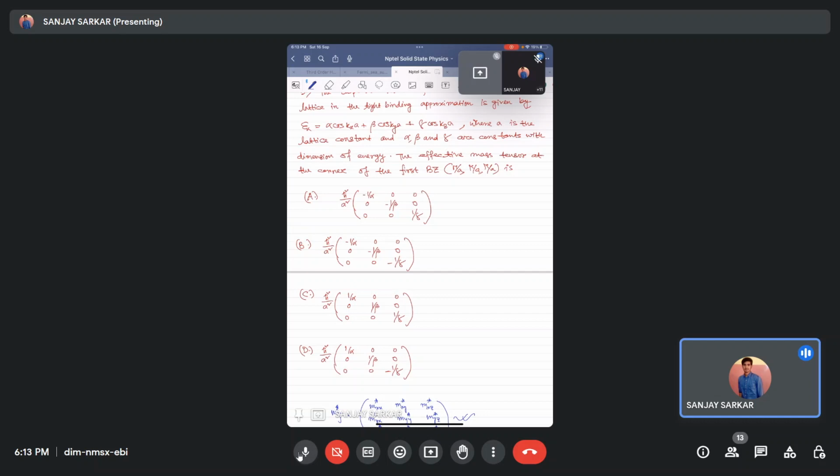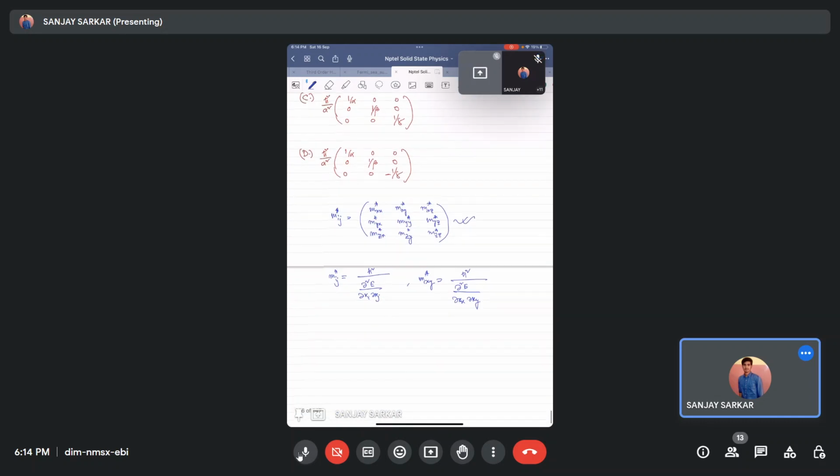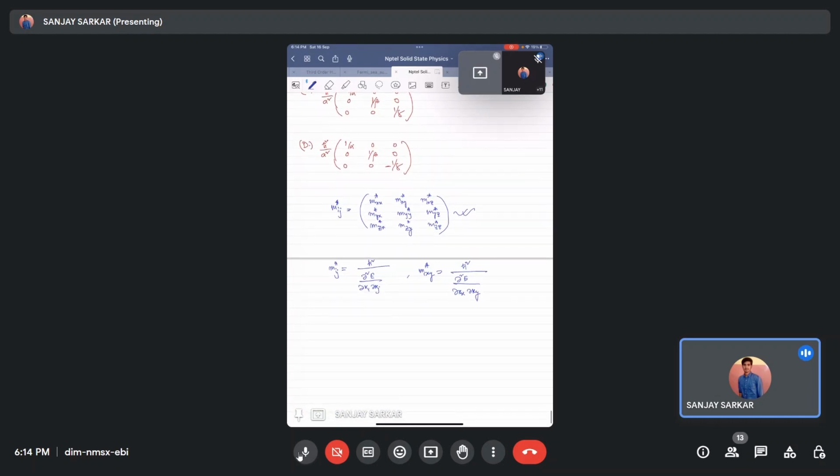So what is the correct option? If anyone has calculated, let me know. So you have to calculate all the components of this matrix. Let's say for the first one, you have mx6 star.